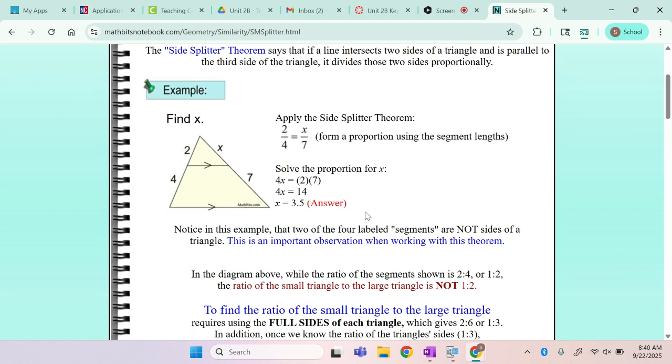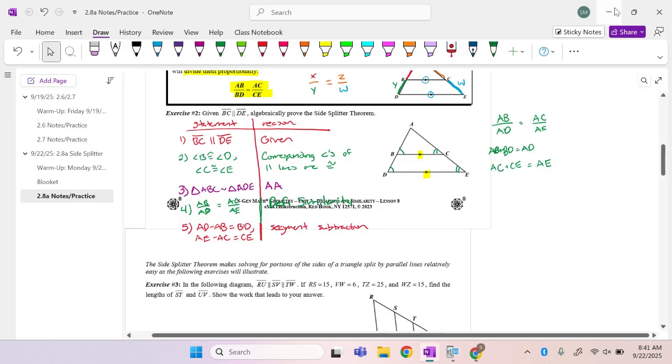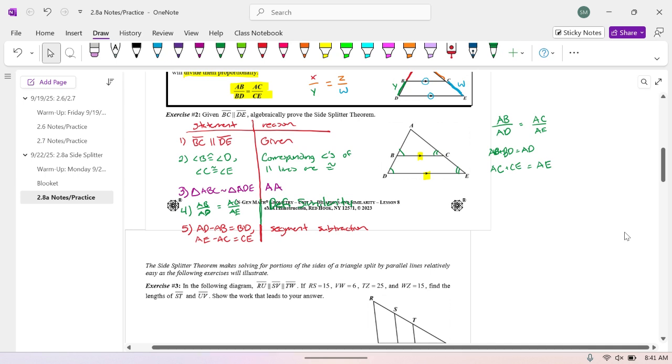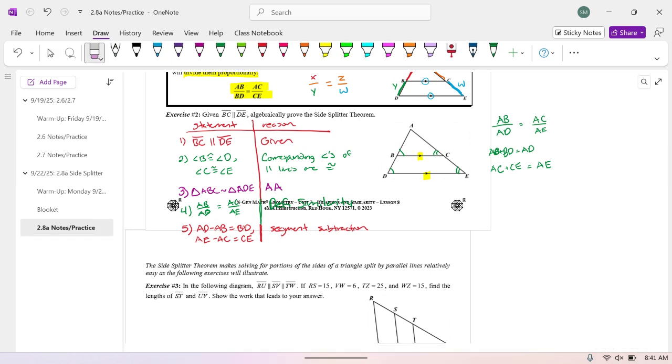All right. Now, think about proportions, guys. We're technically dividing, right? So, if we divide, what's another way for that? I'm going to flip these. So, AD and AB, AE and AC.